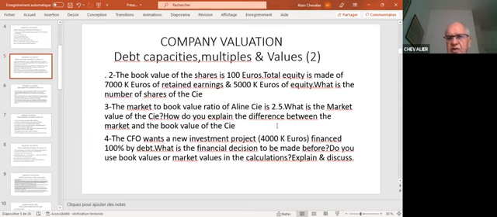If the market to book value ratio is 2.5, that means, of course, that the market value of a share is 250 compared to 100 for the book value. And the market value of a company is 250 multiplied by the number of shares which are available. Okay, this is what we have.